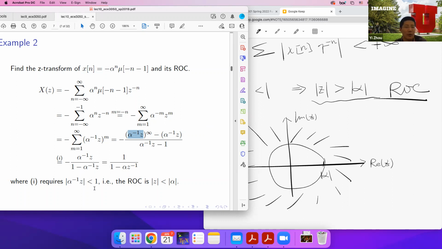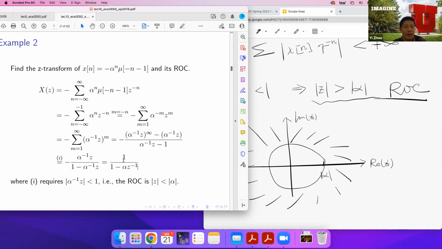When you solve this inequality, the magnitude of z must be less than the magnitude of alpha. And within this ROC, this term will diminish to 0, so we can ignore that. So in the end, the Z transform simply becomes this one after simplification.